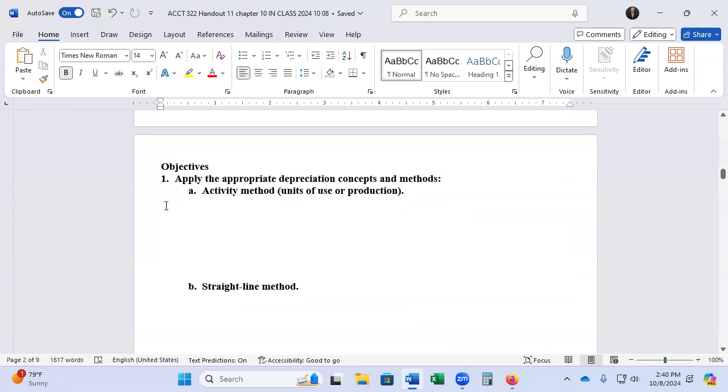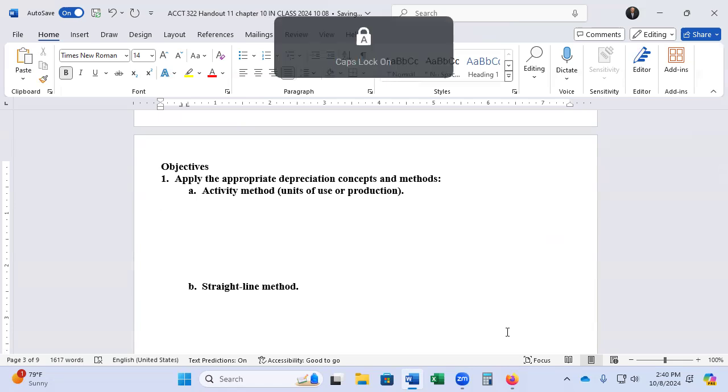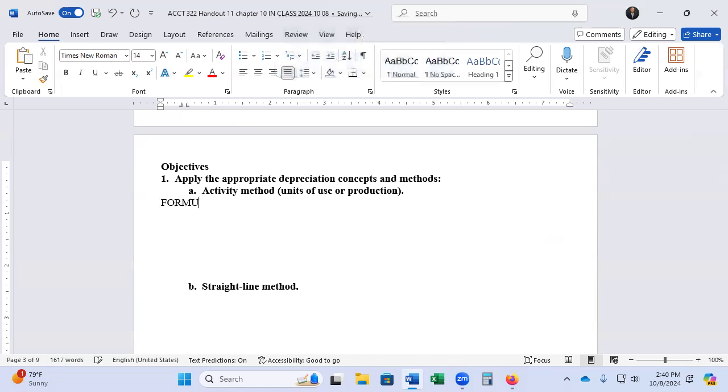All right, so let's talk about applying the appropriate depreciation concepts and methods. So the formula for cost per unit equals the historical cost minus the salvage value.